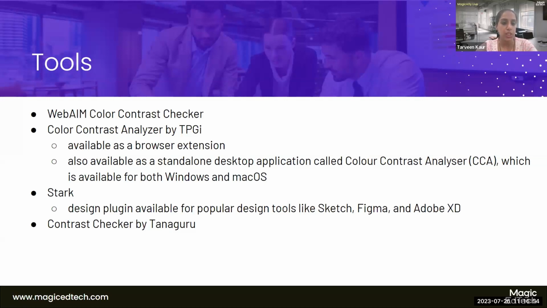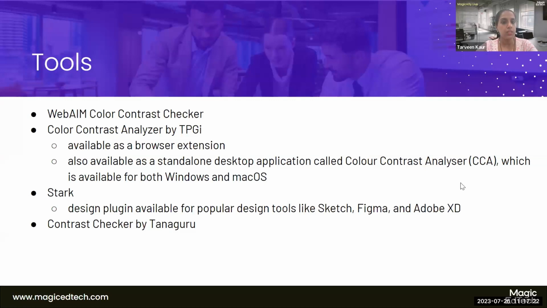These are through TPGi. There is Stark, a design plugin that you can use with the tools that you use while creating the design. It could be Sketch, Figma, or Adobe XD. And there is also a contrast checker by Tanner Helland. So what you need to do is pick up your hex values and add them to this tool, and then do the manual work, and then it will give you the results. So all of these tools are most widely used.